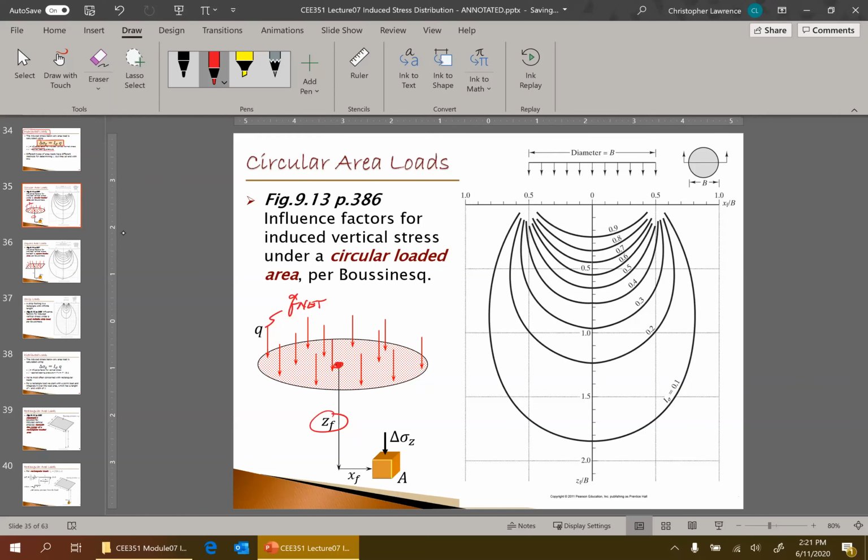It is always, always, always the depth below the point of application. Or in fact, for a distributed load, a plane of application. The distance, the depth below where the load is applied.